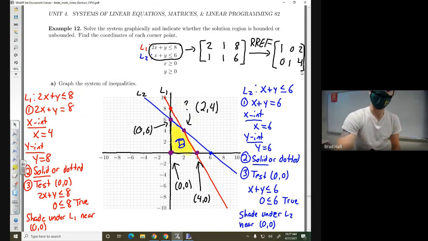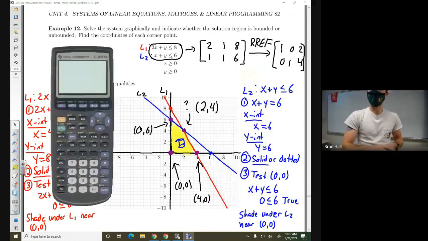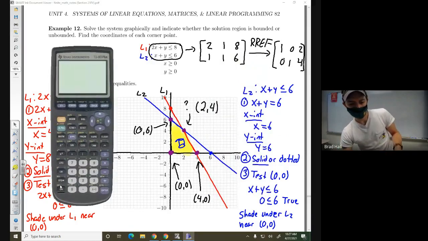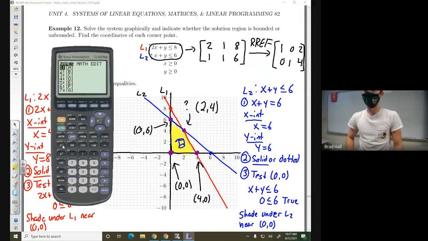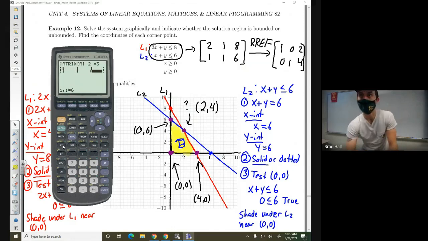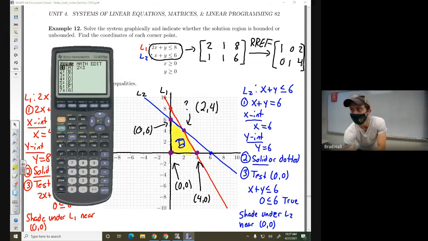And just to demonstrate this, remember what we did in that section. Go to the matrix menu, edit in the matrix. This would be a 2 by 3. From here, you'd have to apply the RREF command.